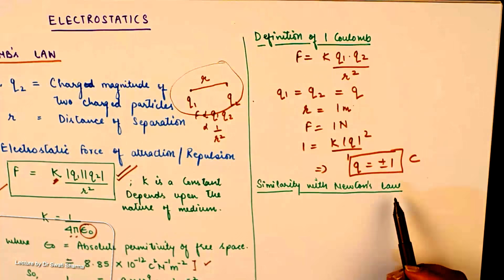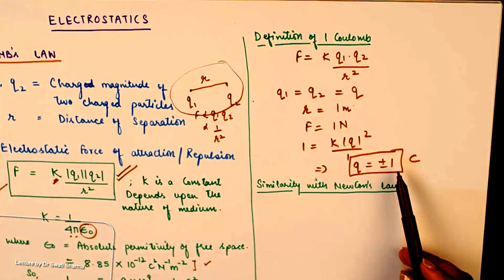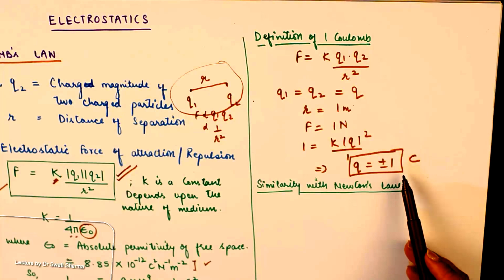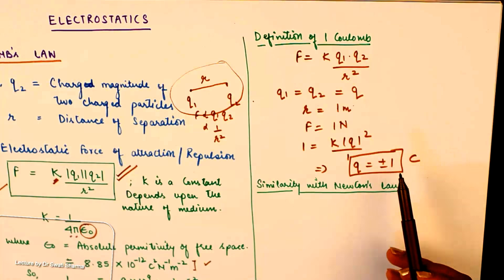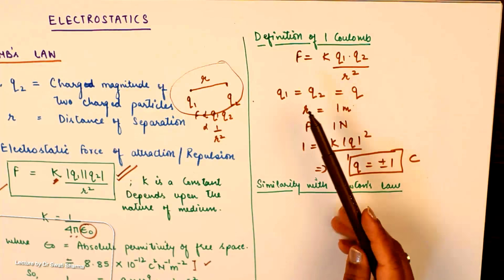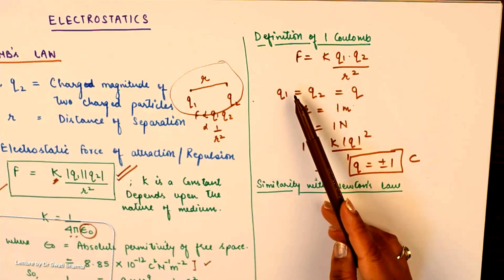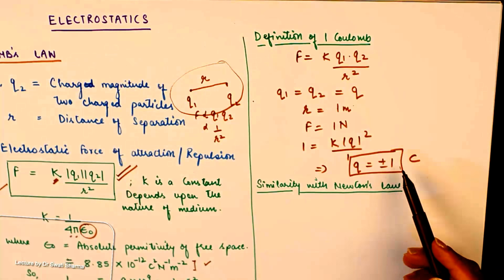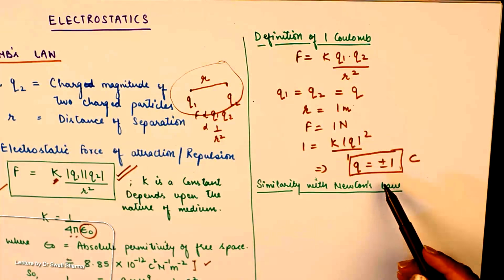This means that 1 Coulomb is that charge which exerts a force of 1 Newton when placed 1 meter apart from a similar charge in free space. So that becomes the definition of 1 Coulomb.